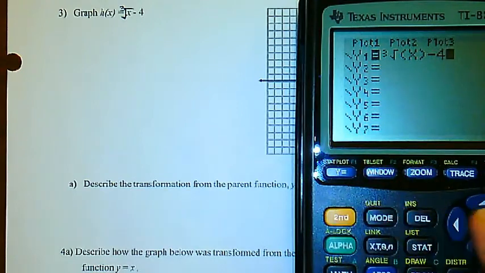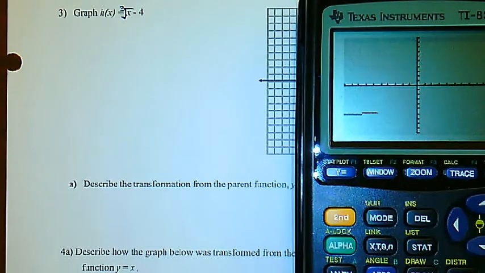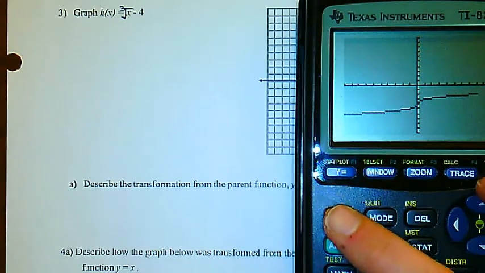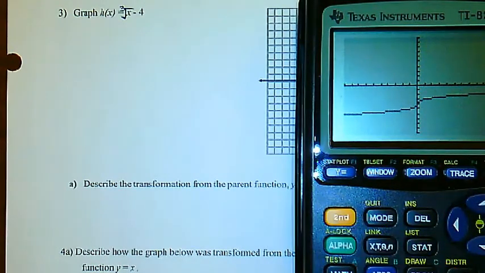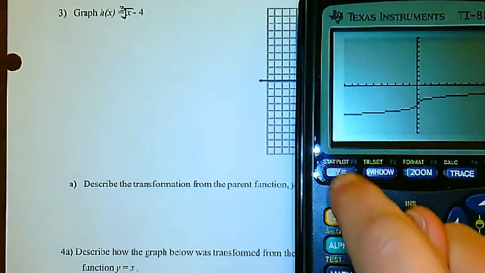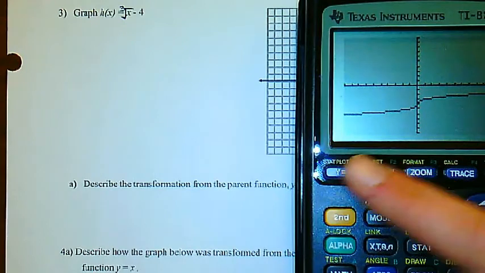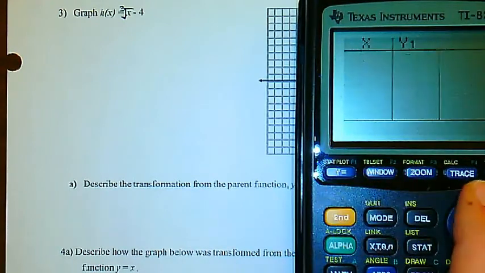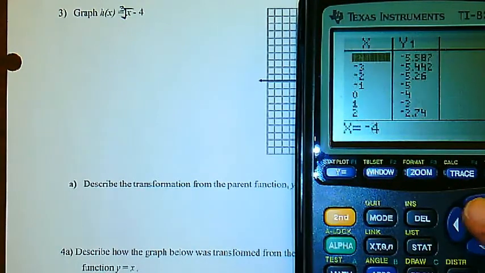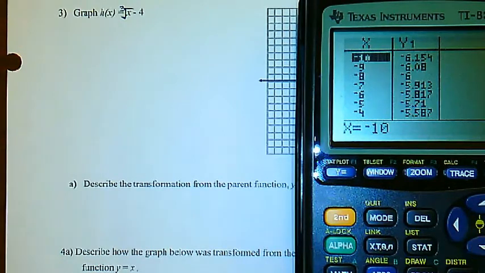-4. Okay? You can take a look at the graph if you would like, just to kind of get an idea. And then we're going to look for those points. Okay, so we can kind of see which part of the graph we're going to want. Remember, always start at -10, just because that's what our graph has available for us.